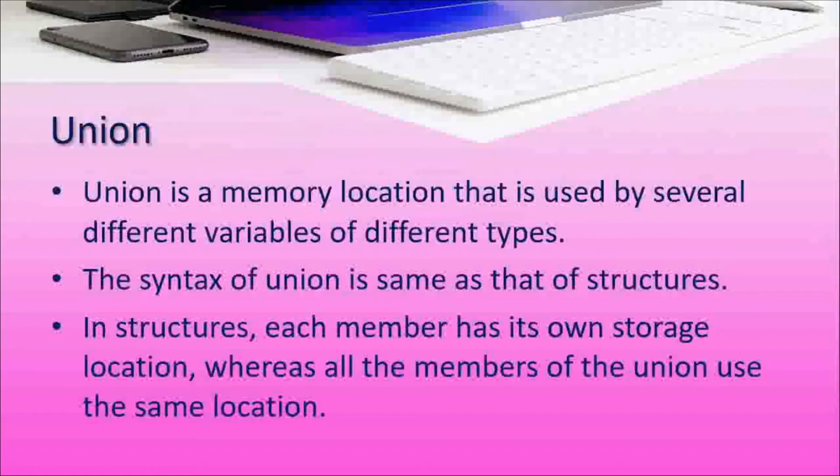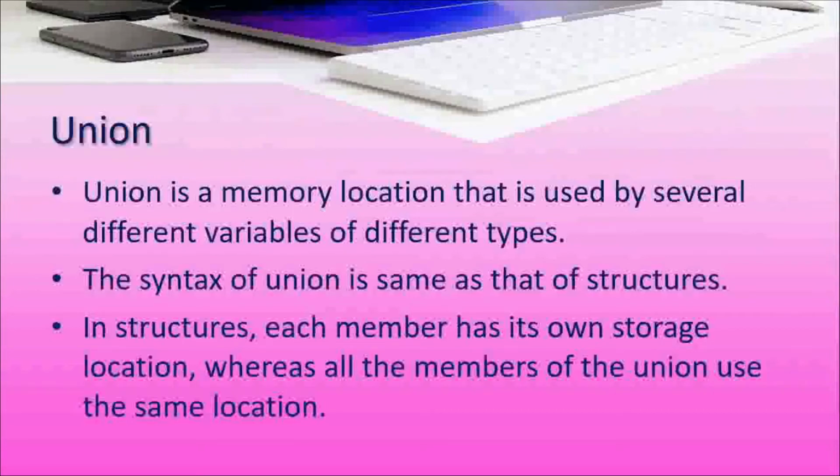So a union is a memory location that is used by several different variables of different types. That is, as in a structure, in a union you can define as well as declare a number of different variables with different variable types.